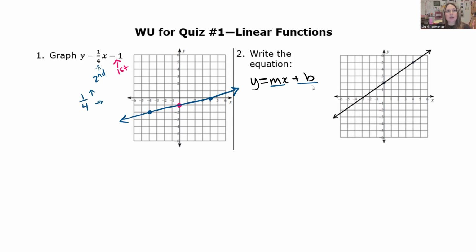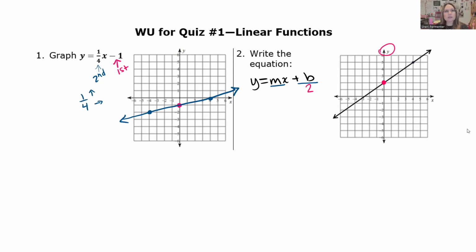And so my y-intercept, I kind of start there. It's the first thing I do when I graph, so it's the first thing I look for when I'm writing an equation. It's where I cross the y-axis, so I look along the y-axis, and I cross at 2. So I have this value and it's a 2.